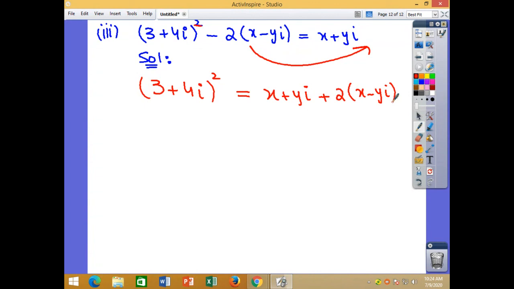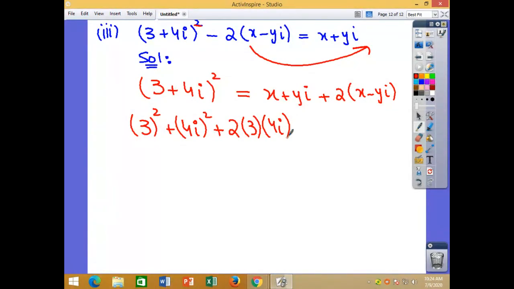Now here we take the square by the formula a² + b² + 2ab. This formula you studied in standard 8.